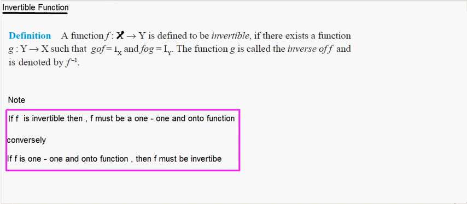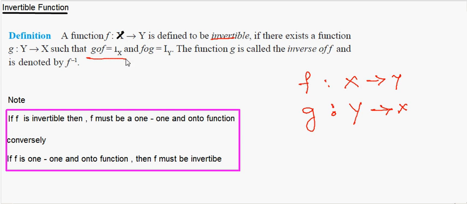Invertible function. What do you mean by invertible function? An invertible function f, where x is related to y, is defined to be invertible if there exists a function g related from y to x, such that g of f, when you find the composition, is Ix, that is nothing but the value of x, and f of g is Iy.